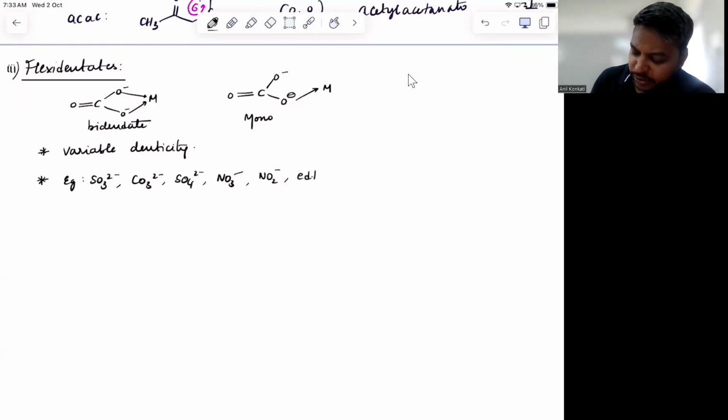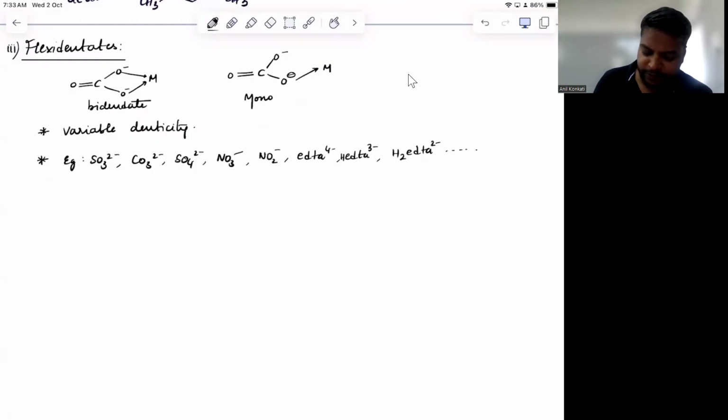And EDTA also, EDTA 4-, EDTA H3-, H2 EDTA 2-. All these forms are flexidentate forms here. Another one is S2O3 2-. This can also act like a flexidentate. Okay.